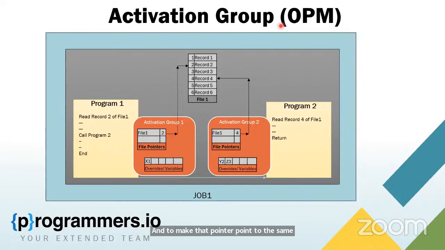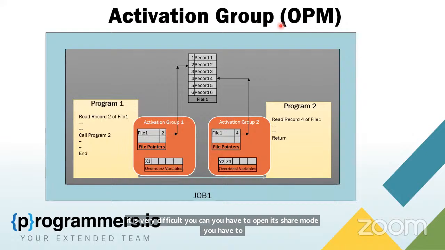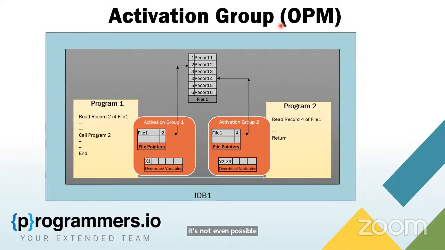You have to open it in share mode. It's not even possible. But in ILE, we are now trying to reuse programs written in other languages like Java also. From the RPG program itself you can call it, but you don't want that Java program to create its own environment. You want to use the same environment that program one is using.